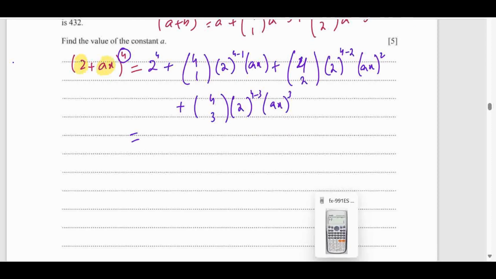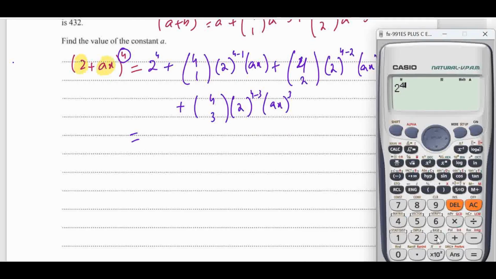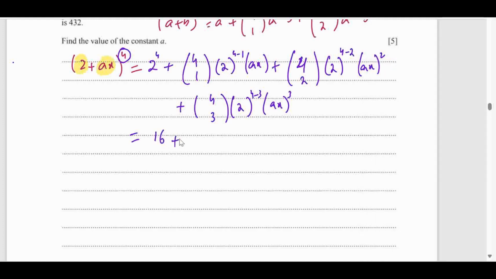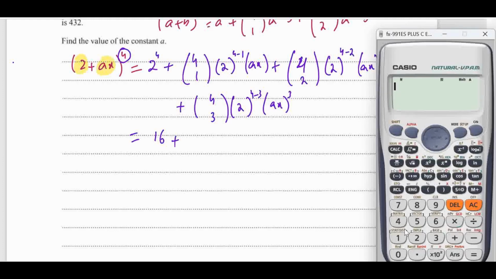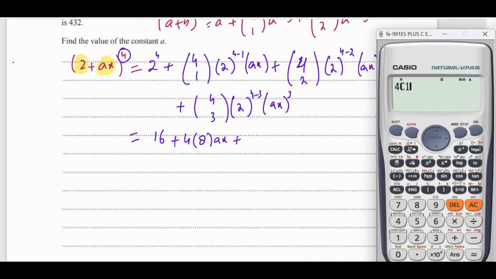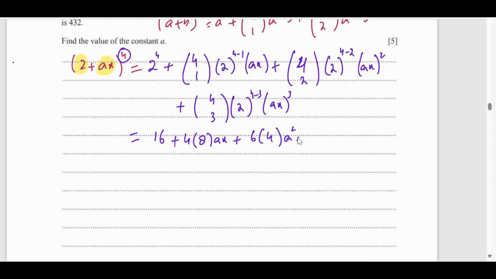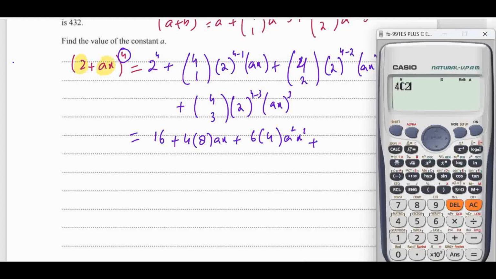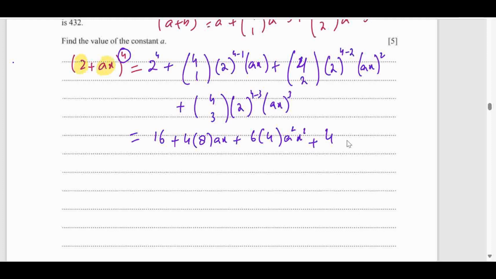2 power 4 is 16. So 16 plus 4C1, which is 4, into 2 cube, which is 8, ax, plus 4C2, which is 6, into 4 a square x square, plus 4C3, which is 4, into 2 into a cube x cube.